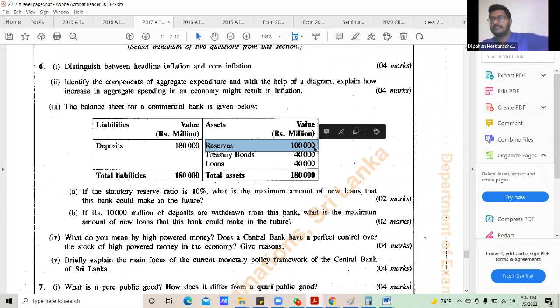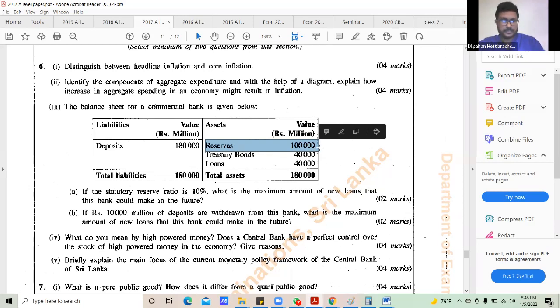Likewise, to give money, they have to hold 10%. Who decided this percentage? The central bank, right? They have given it as 10%. What is the maximum amount of new loans that this bank could make? So we have to do a calculation.